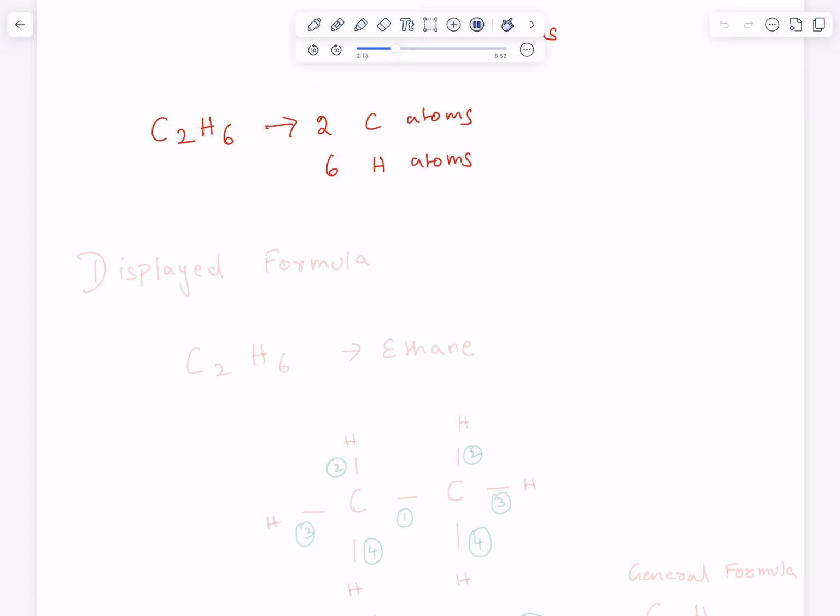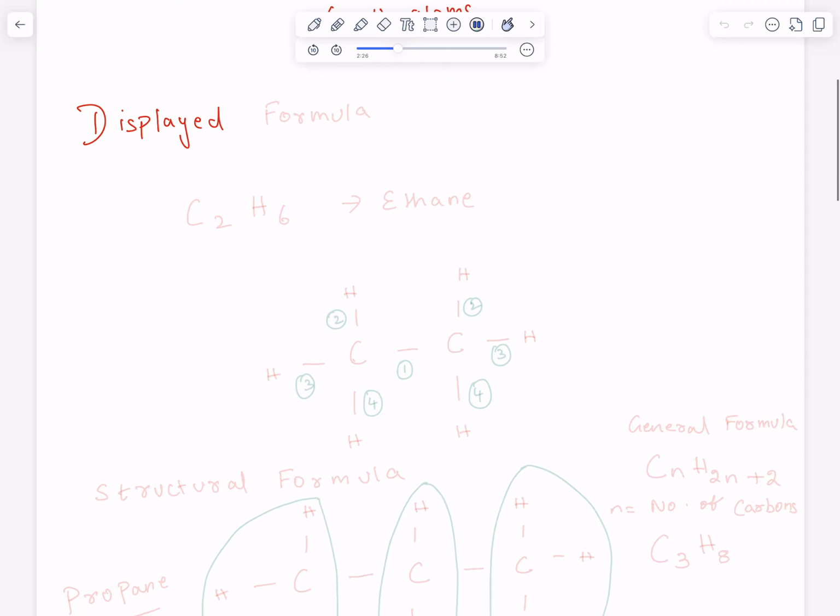Now, let's learn about displayed formula. In displayed formula, you are drawing out every atom and every bond in the molecule. I'm going to take the same example of ethane above, C2H6.